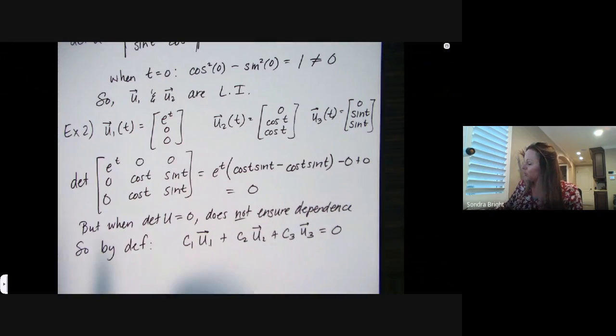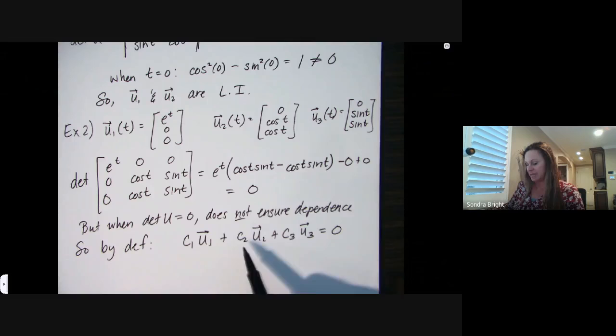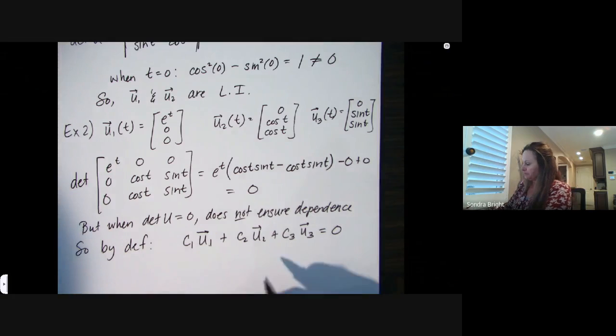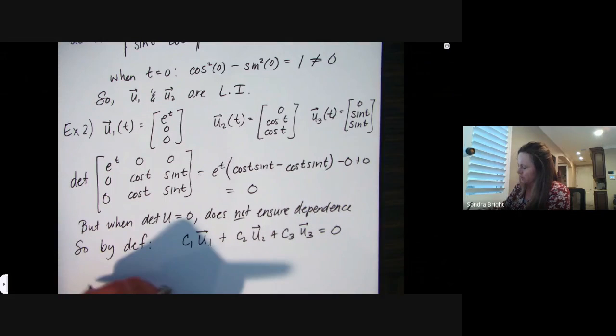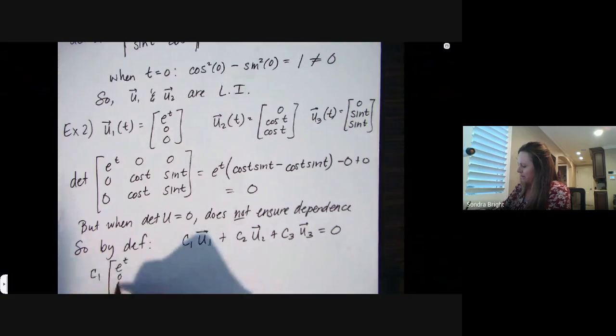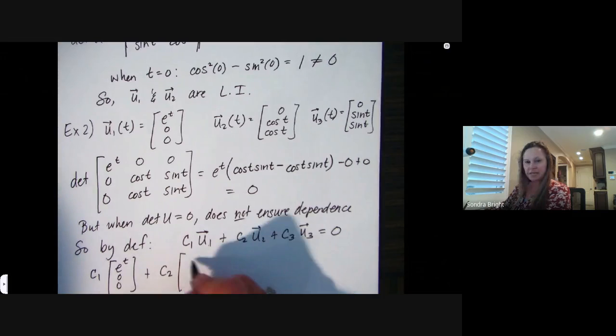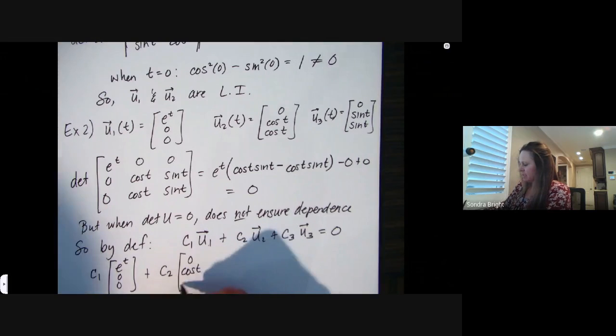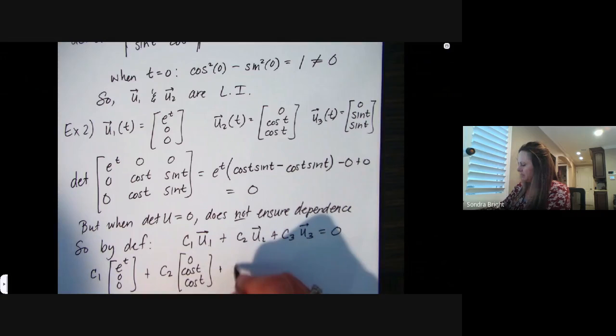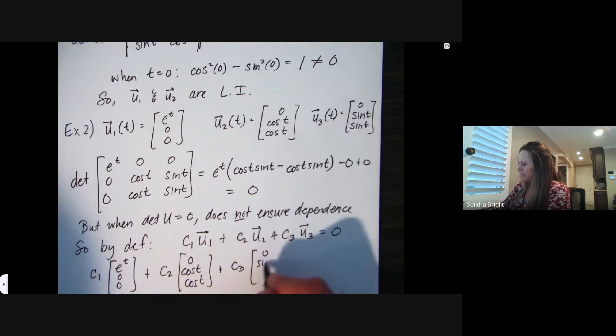The only way this can happen is if all three of these must be 0, and if that's the case, then they're independent. If I can come up with values that make this linear combination 0 without them all being 0, then they would be dependent. So this means C1 times e to the t, 0, 0, plus C2 times 0, cosine of t, cosine of t, plus C3 times 0, sine of t, sine of t, and all of that is going to be 0, 0, 0.